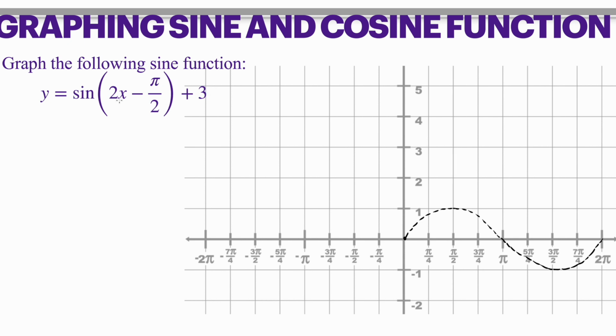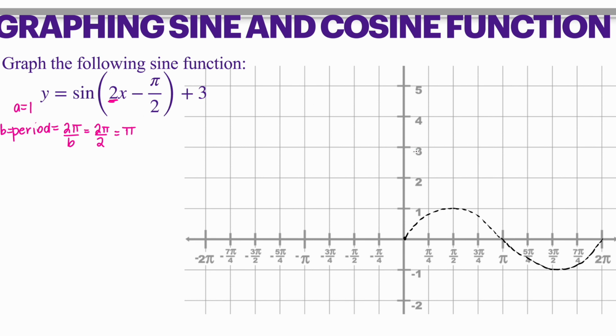Next, we are going to do the period shift. Well, first, let's actually do the period. So we know that A is 1, which means we don't stretch it up or down any. We know B is the period, which is 2 pi over B, which means it's 2 pi over 2, because the period is the number in front of x.